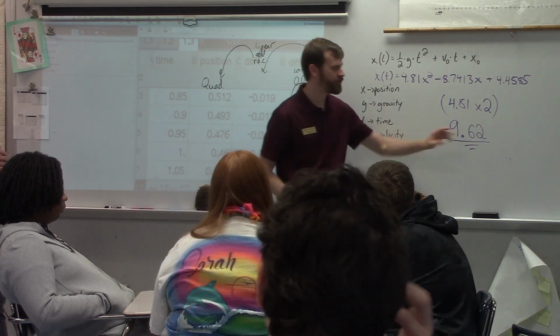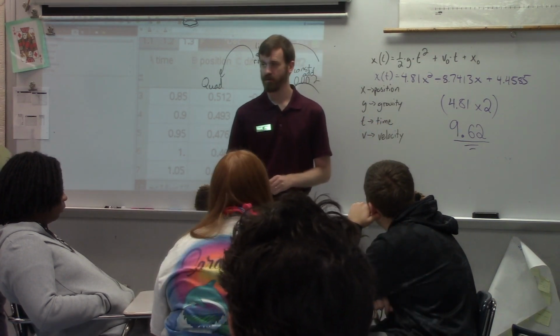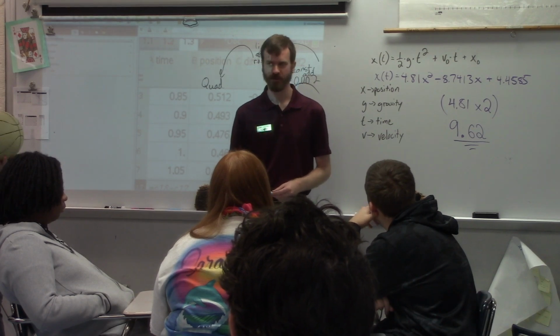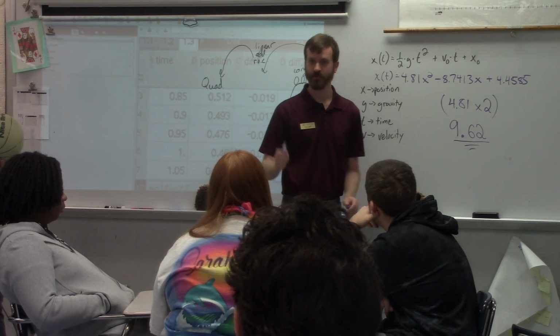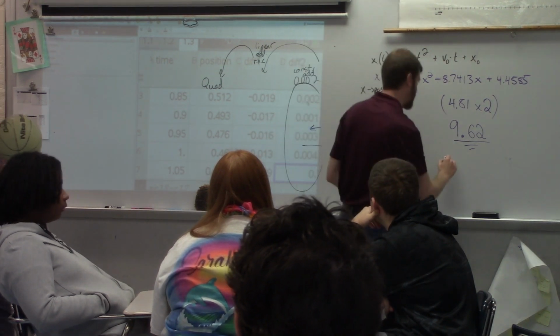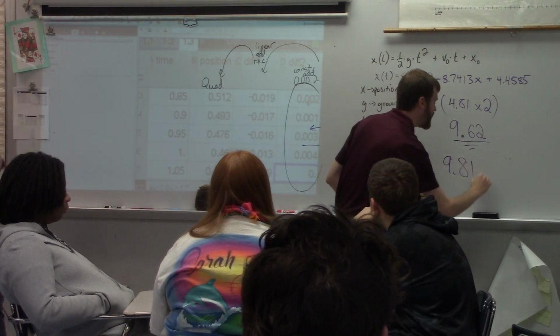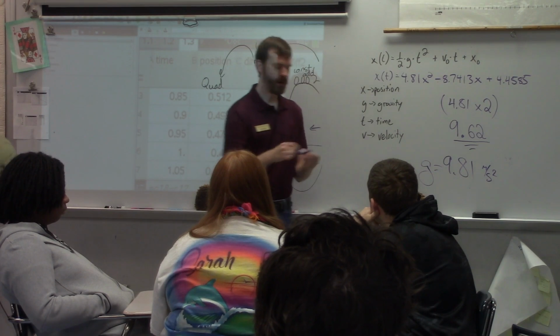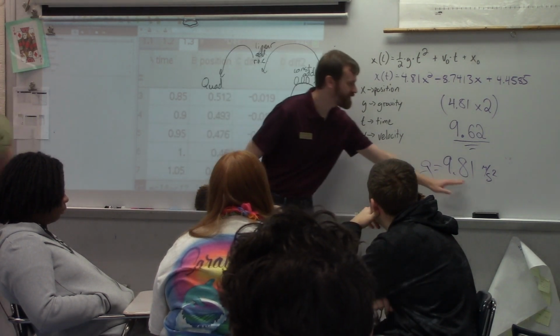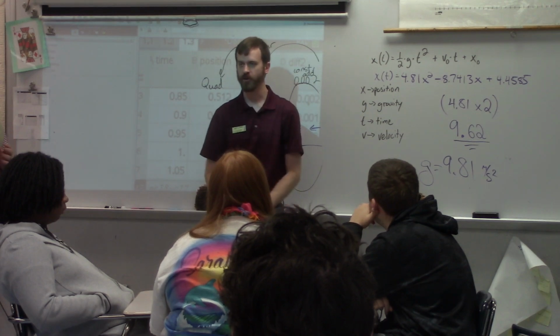It's close to the number for gravity. What's the actual number? I heard someone say 9.7. Yes! 9.81 meters per second squared is the pure mathematical strength of gravity's pull down at the Earth's surface.